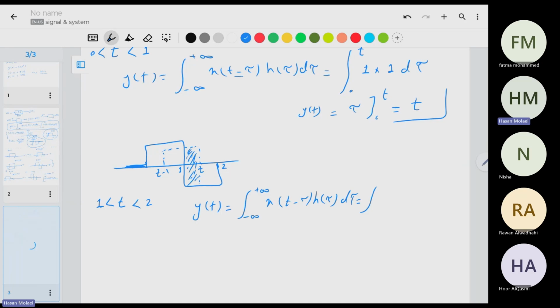How much is the overlap, from 1 to t? How much is the amplitude of x? 1. How much is the amplitude of h? Minus 1. So it should be minus (t minus 1), which is 1 minus t.